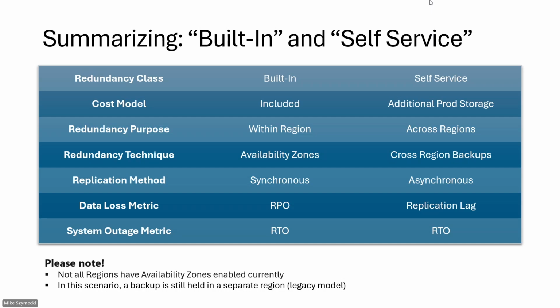The technique for built-in is availability zones, and for self-service, cross-region replication across the internet. The replication method is synchronous for built-in and asynchronous for self-service. And as I mentioned, the data loss and the system outage for built-in is the RPO and RTO, and for self-service is verification lag and outage time. So with that, I'll hand it back to the moderators.